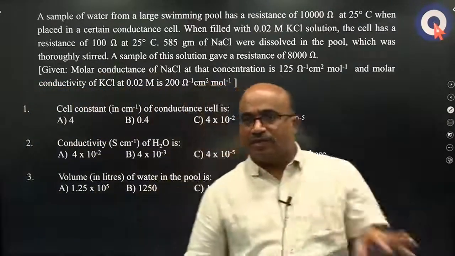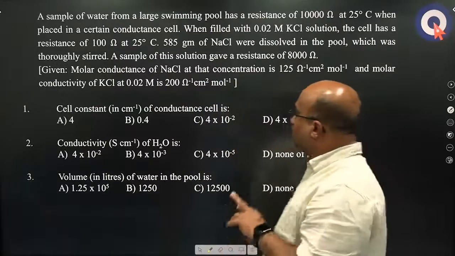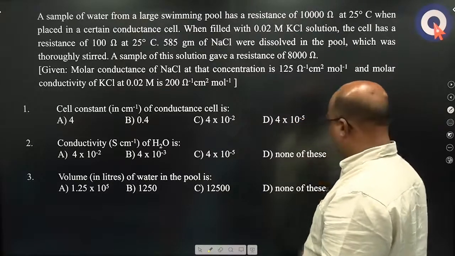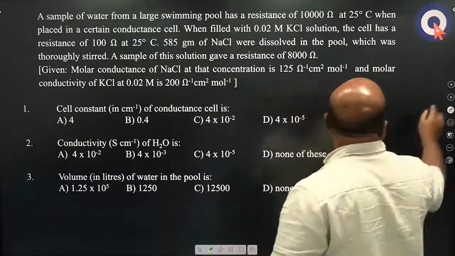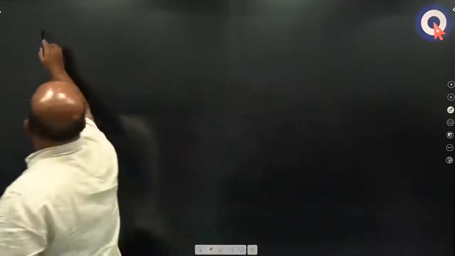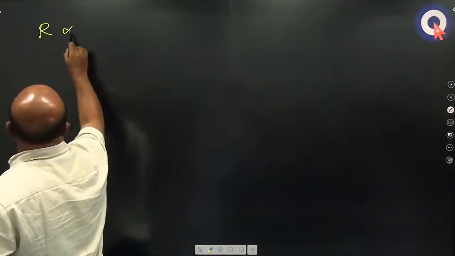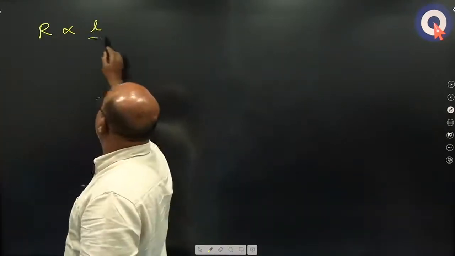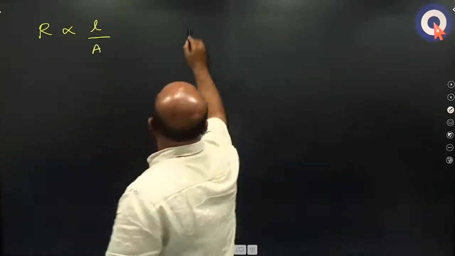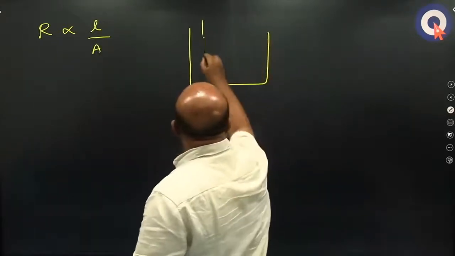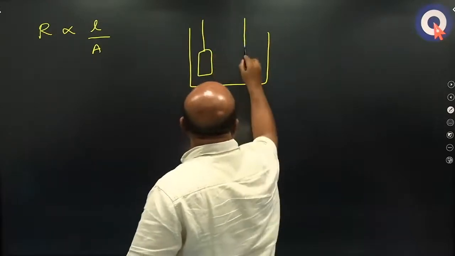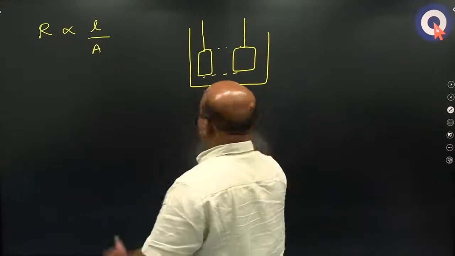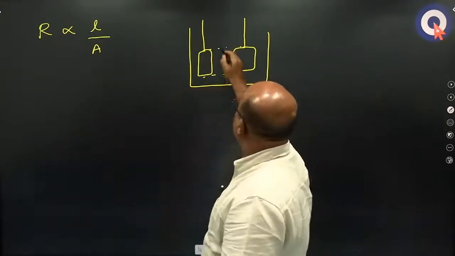So this is like a conductance application. We always say the conductance and resistance applications as, resistance is, I just go into the next page and do. Resistance of any electrolytic cell is directly proportional to the length between the two electrodes and the area of cross section of the solution. Means if it is a conductivity cell with metal plates like this, the area that exists between these two metal plates, and this is the length.